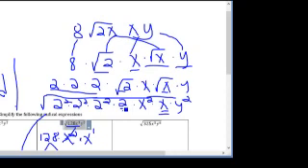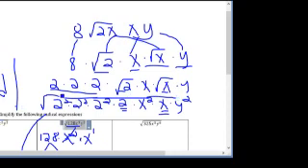There's no square root of 2, so we just move this up and leave it as square root of 2. Square root x to the second power is x. There's no square root of just x, so we just move the square root of x up. Y to the second, square root of that is y, so we just move the y up.